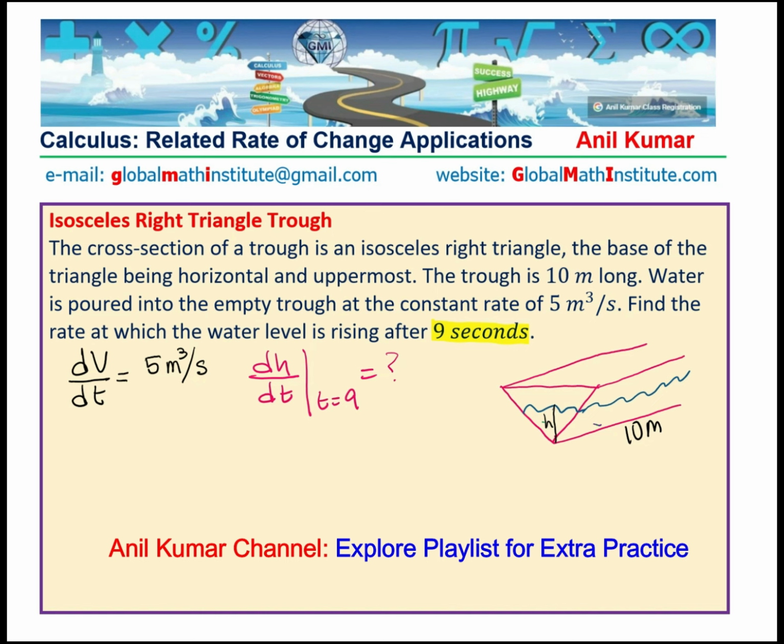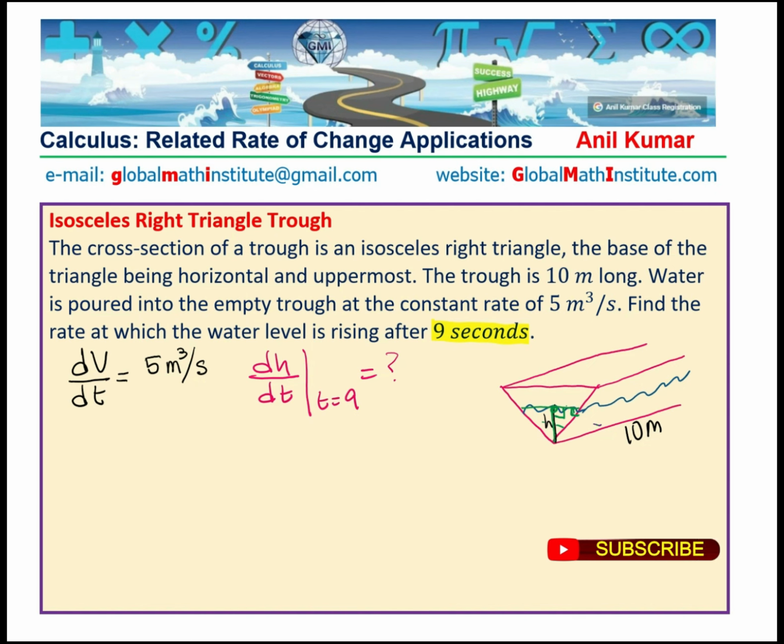Now, as some of you might know, in a right angle triangle, if I drop a perpendicular from any vertex to the hypotenuse, all the sides are equal in an isosceles right angle triangle. Since this is 45 degrees, correct? So the two sides h and h will be equal.